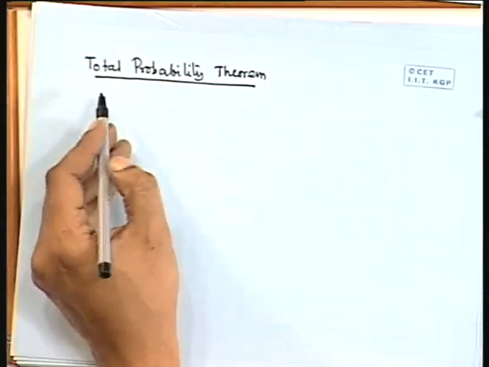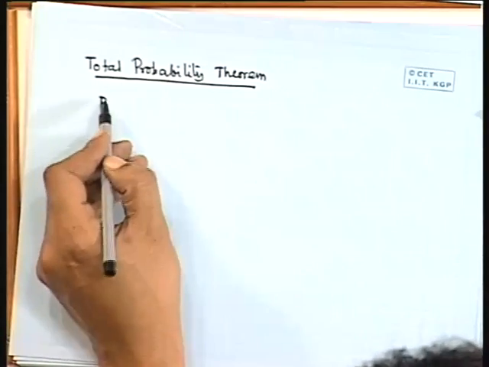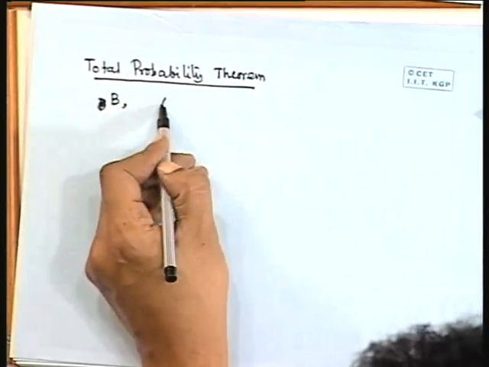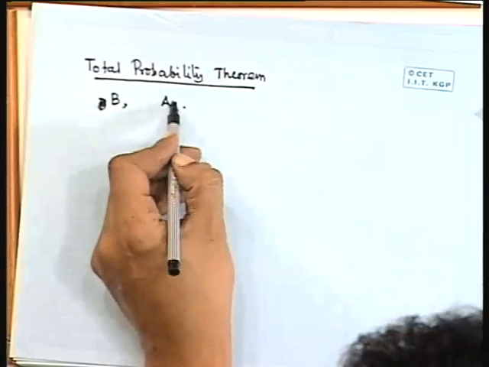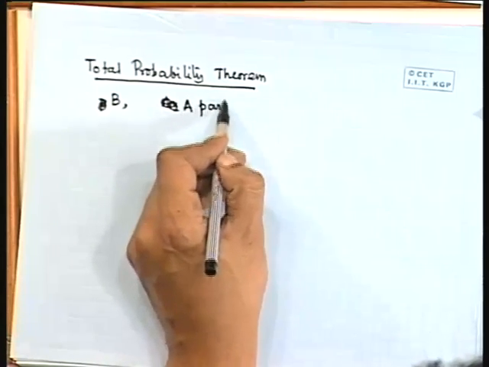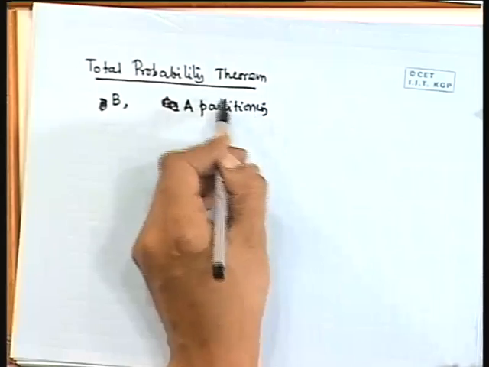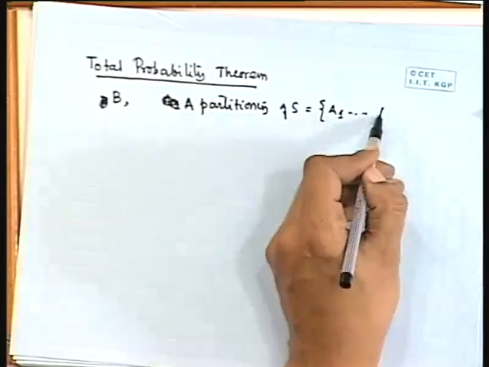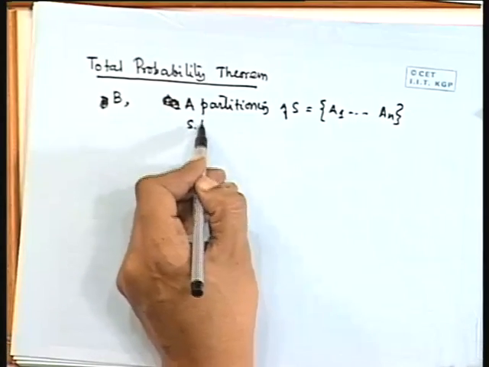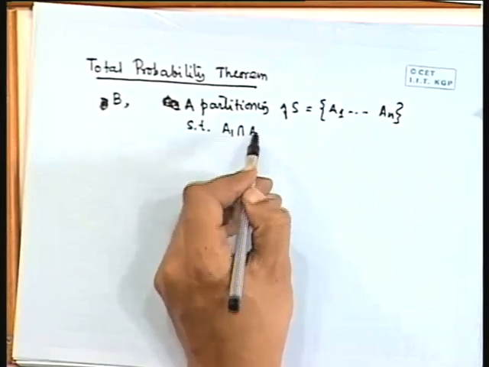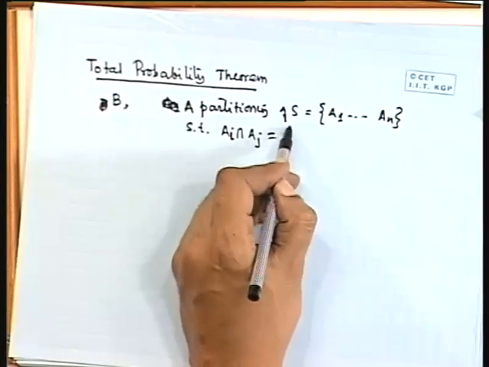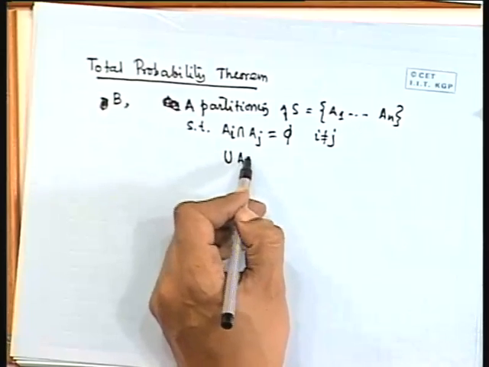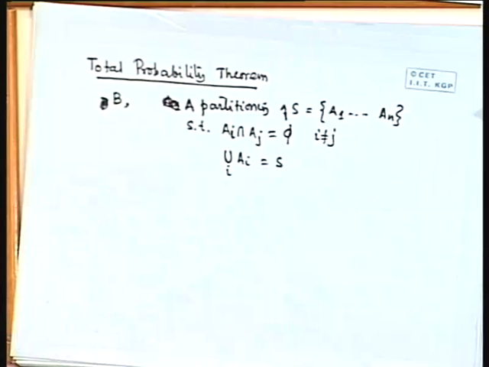It says that if you have an event B and a partitioning of S, what does partitioning of S mean? It means that you have sets A1 up to say AN such that AI intersection AJ is null whenever I is not equal to J, and union of AI is equal to S over all I. What does it mean?